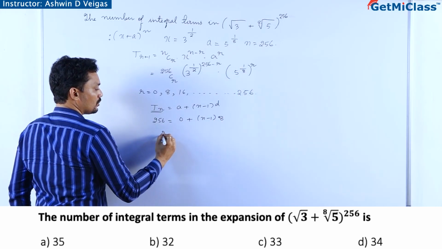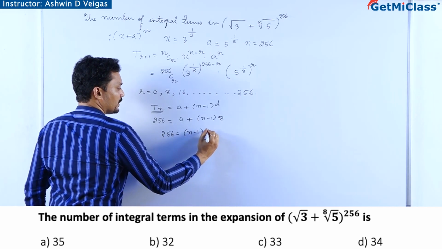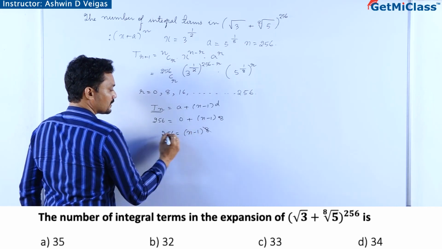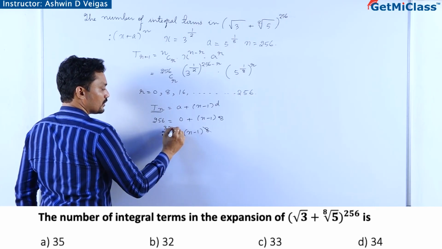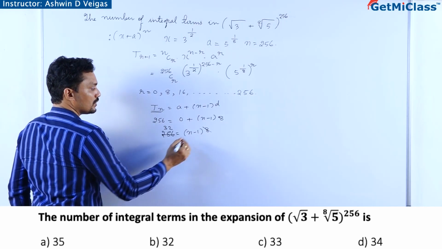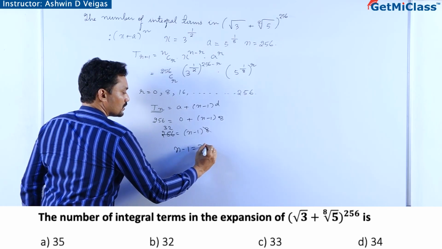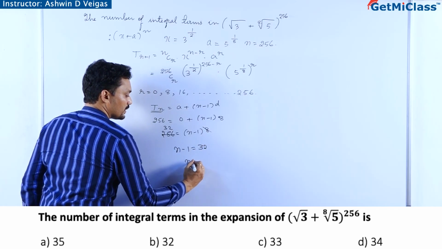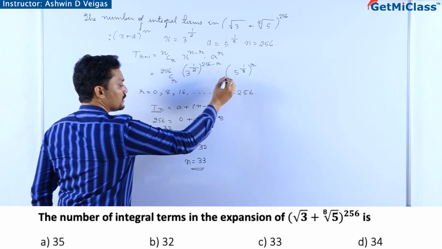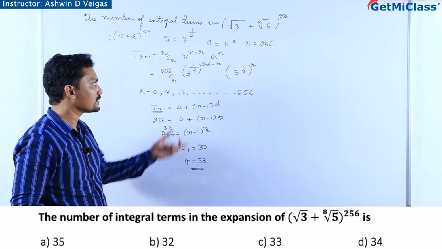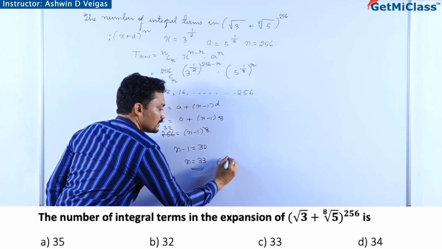So, you will get 256 = (n - 1) times 8. If you cancel 8, you get n - 1 = 32, and therefore n = 33. So, there are 33 terms which are integers in this expansion, and therefore option C is the answer.